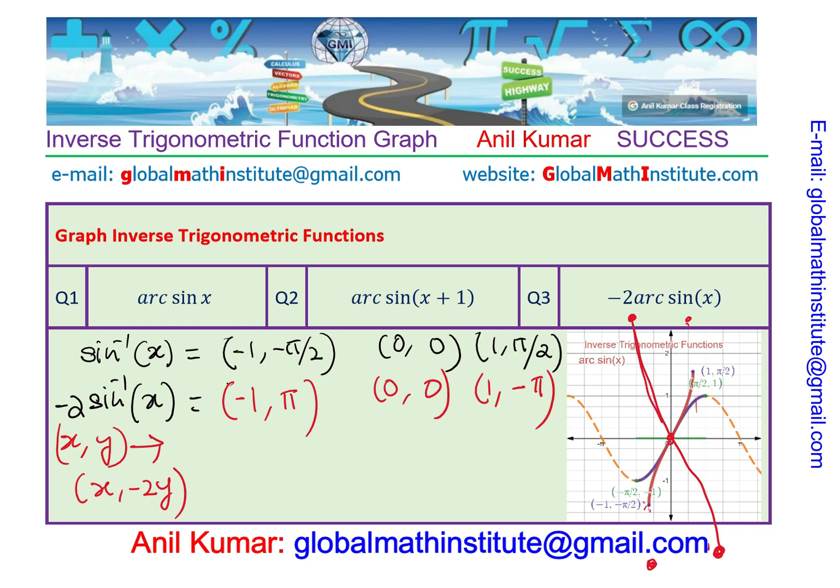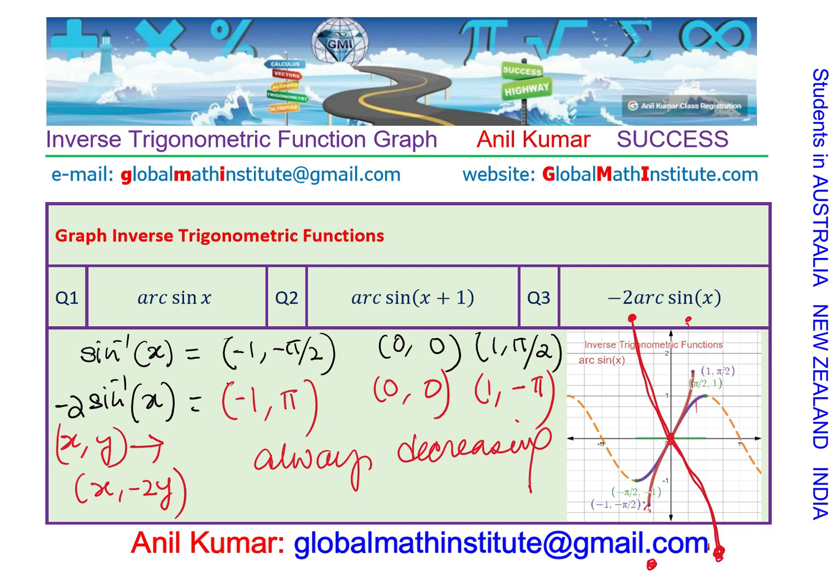So that is how the graph of minus 2 arc sine x will be. So it gets reflected, and this function will always be decreasing, as shown here. Perfect. So that is how we can sketch the transformed functions from the function itself using the old concepts which we know about.